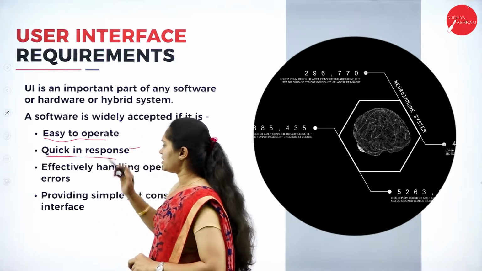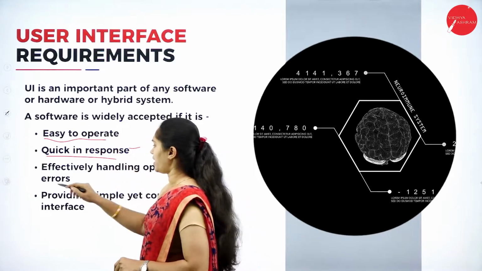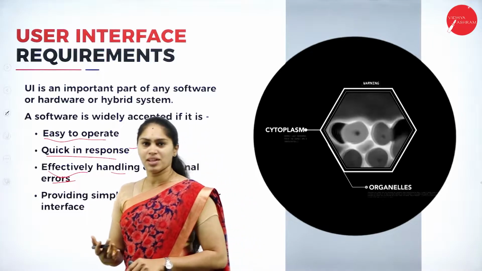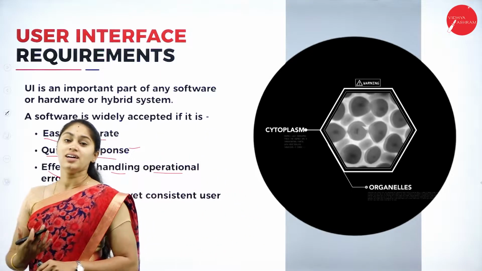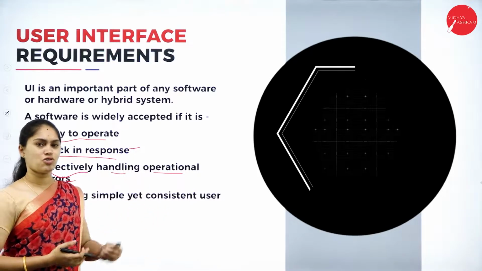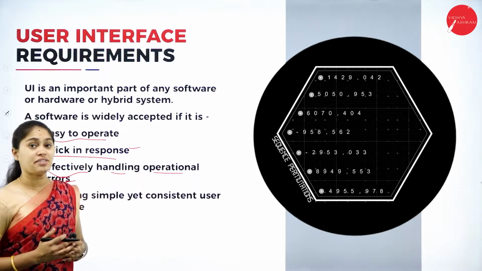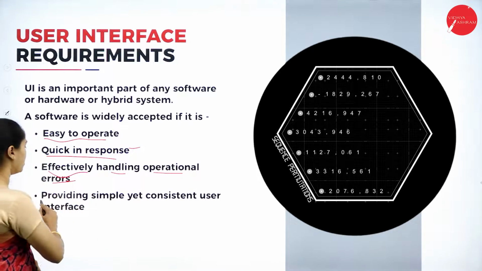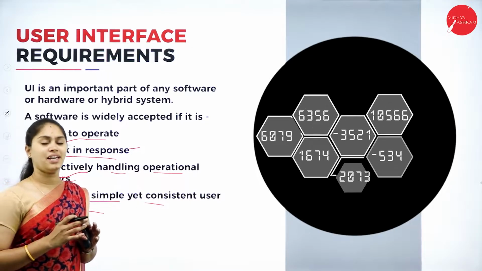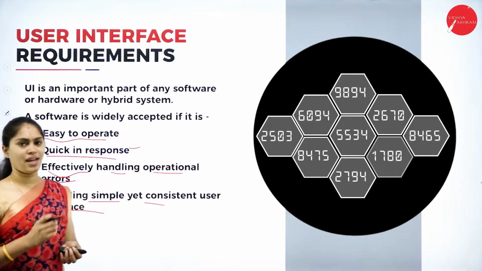Also, effectively handling operational errors. If something goes wrong and unforeseen errors occur during the execution of a program, it must be capable of recovering from that error. And also providing a simple and consistent user interface. Mainly it has to provide a consistent user interface and it should be simple.